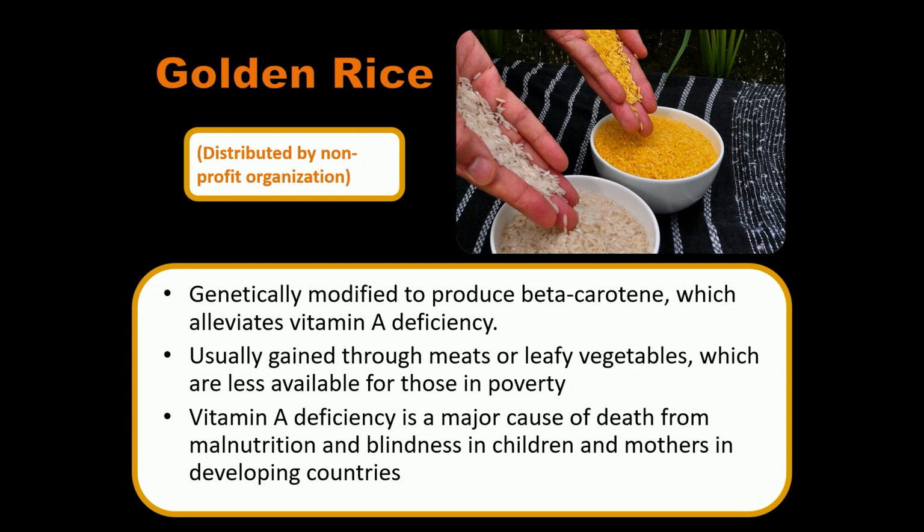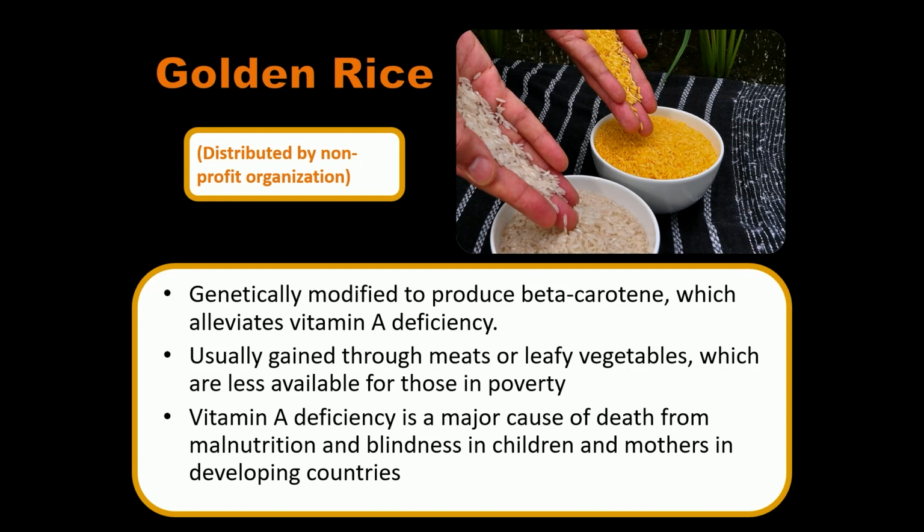So there's going to be a lack of iron. There's going to be a lack of vitamin A that can cause blindness, anemia. So these are big concerns. Golden rice is a genetically modified form of rice that includes a lot of these missing nutrients from the diet: iron, vitamin A. With every generation that they've come out, there are different versions of it that have come through over time.